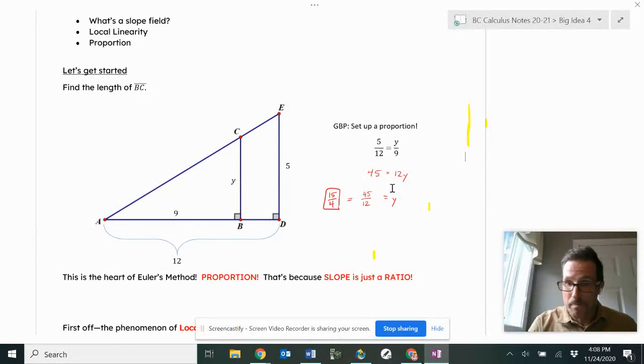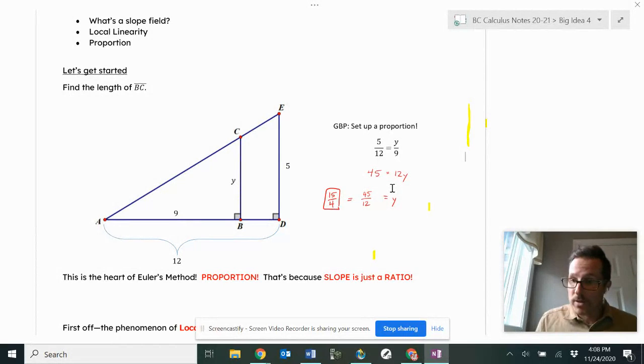They have the same slope, but the lengths are different. So that's what Euler's method is going to look at. AC and AE have the same slope, but not necessarily the same length. You can adjust that horizontal distance, and then the vertical distance is going to change correspondingly.